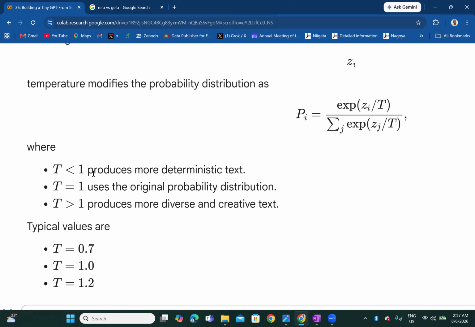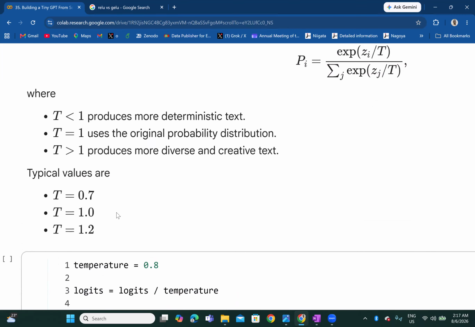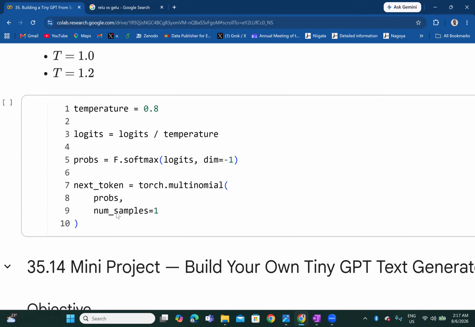So if you want diversity, you want temperature greater than one. But temperature less than one gives you something that is more deterministic, with higher probability words. So T equals one uses the fair distribution of what you have. Typical values: temperature 0.7 is a good example of less than one, temperature 1.0, of course, then temperature 1.2 is greater than one. So the higher the temperature, the higher the creativity. That's the deal here.